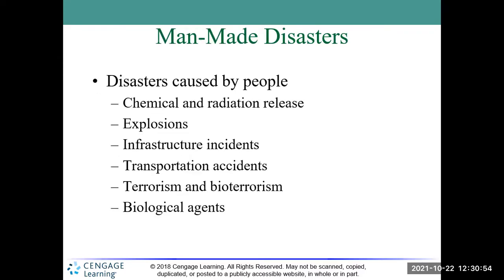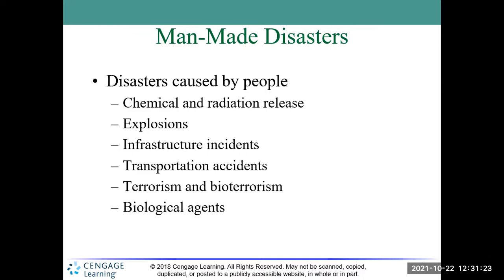And then man-made disasters. So this could be like Fukushima, when the radiation spill occurred. So chemical and radiation release, explosions that happen, infrastructure incidents, such as years ago, there was an interstate that collapsed, and that was a major man-made disaster.